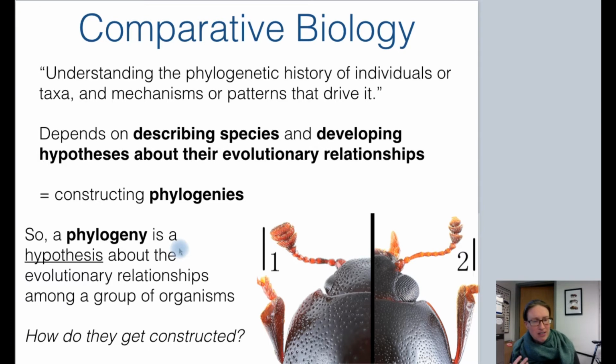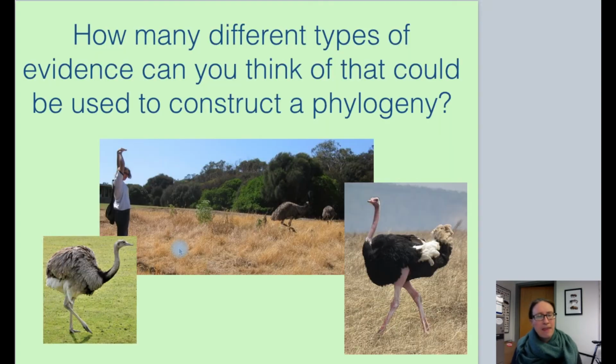So I want to take a minute to now talk about how we actually go about the mechanics of constructing a phylogeny. And to think about this, if we were together in the classroom, one thing that I would ask you is to start off by thinking about how many different types of evidence you can come up with that could be used to construct a phylogeny. I've already showed you an example of a phylogeny for these flightless bird species.